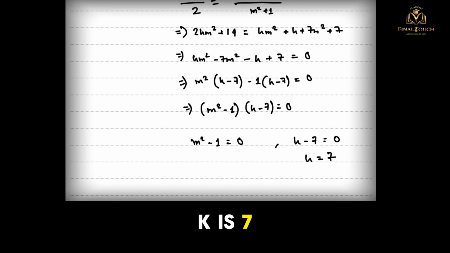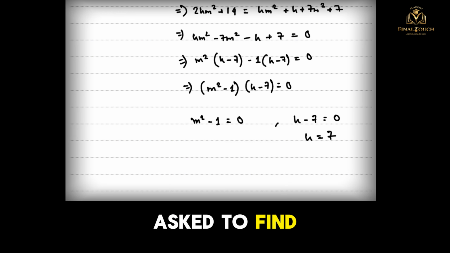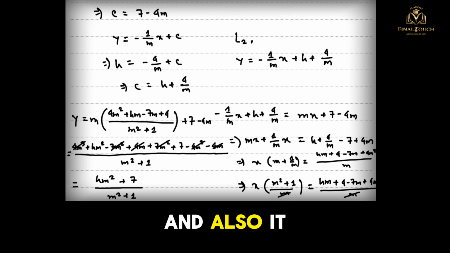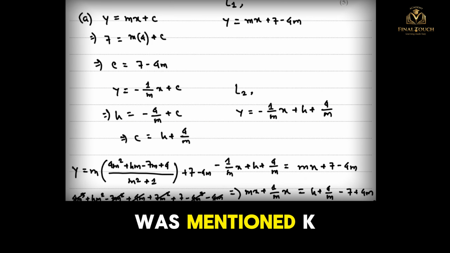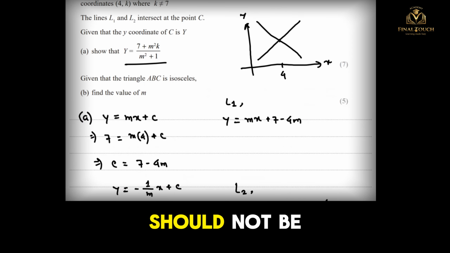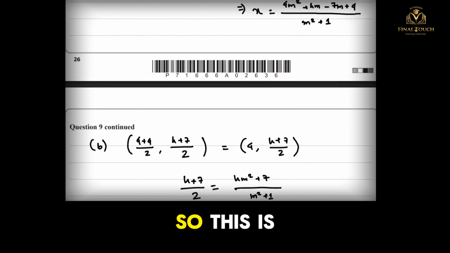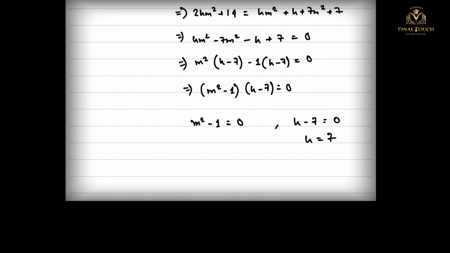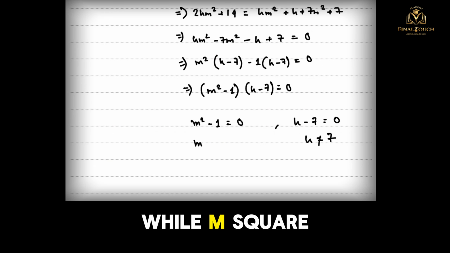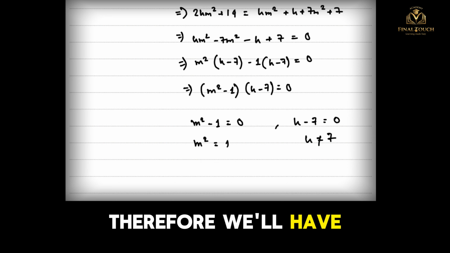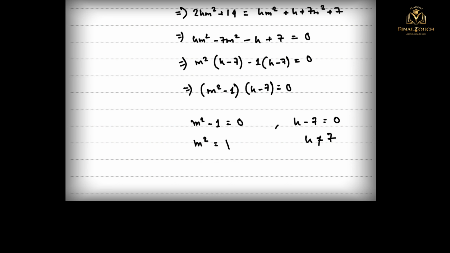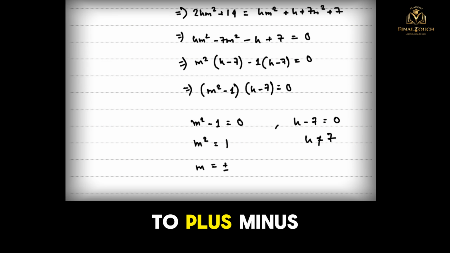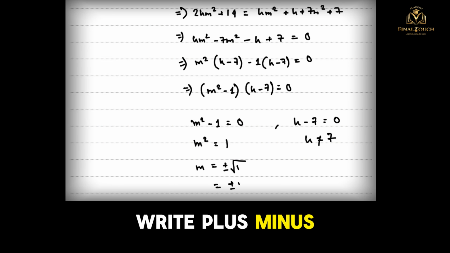K is 7. We were not asked to find the value of k, and also it was mentioned k should not be equal to 7. So this is not the answer for k. While m squared equals 1, therefore we'll have m equals plus or minus root 1, or we can write plus or minus 1.